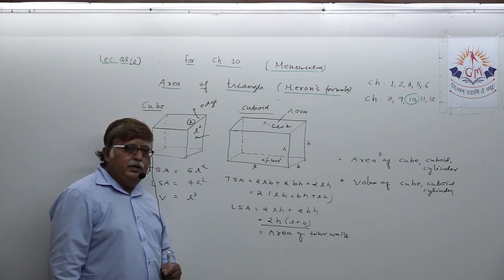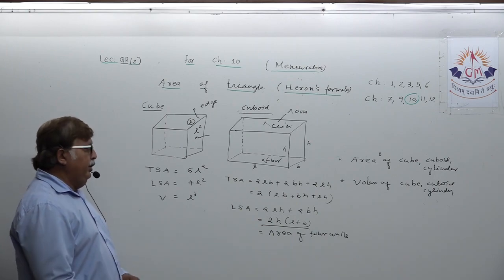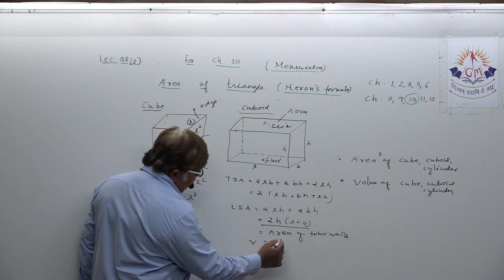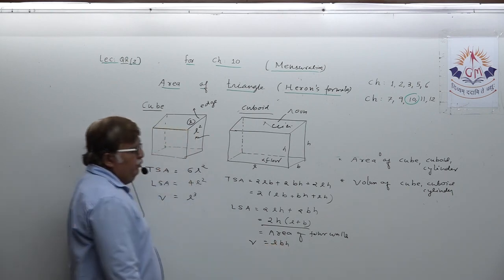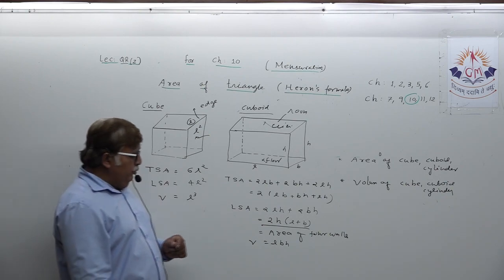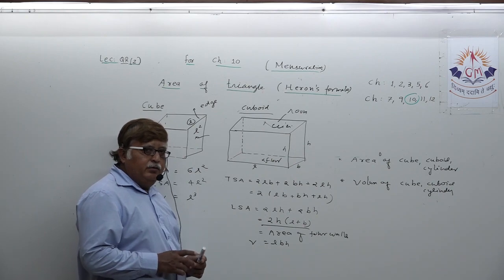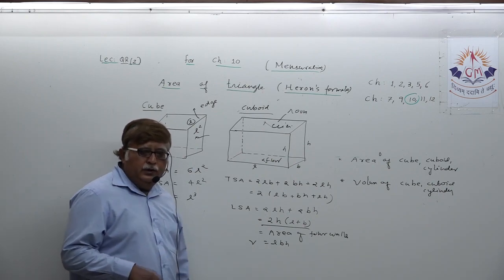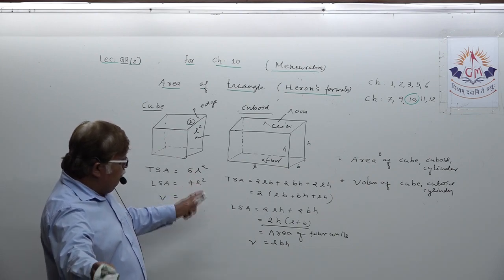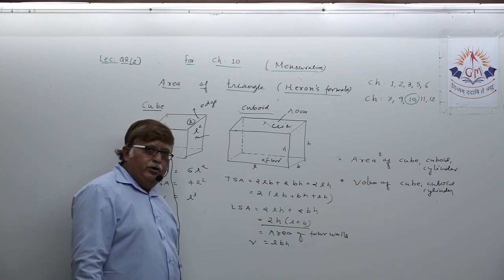Remember this formula, 2H into bracket L plus B, and then volume, formula of volume you all know, L into B into H. This way you need to remember all formulas. Then it is going to help in solving different types of examples. Understand, three formulas you need to remember regarding cuboid also.